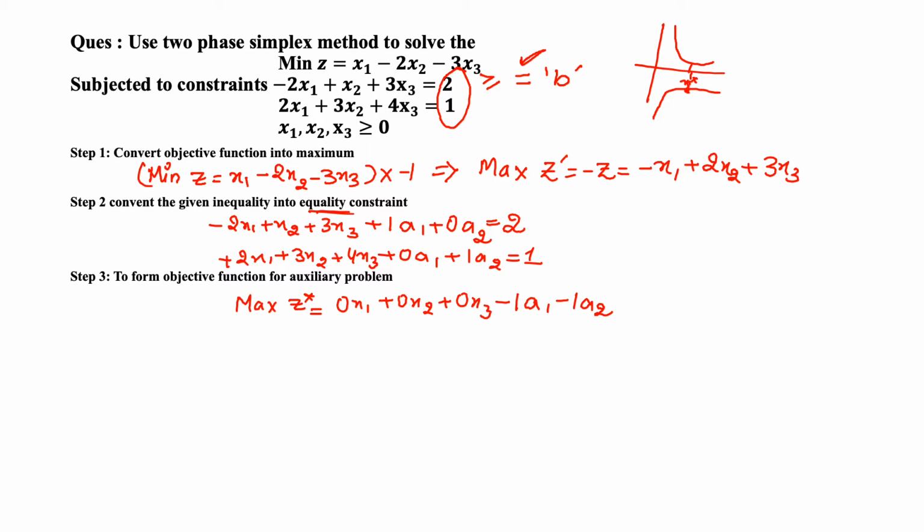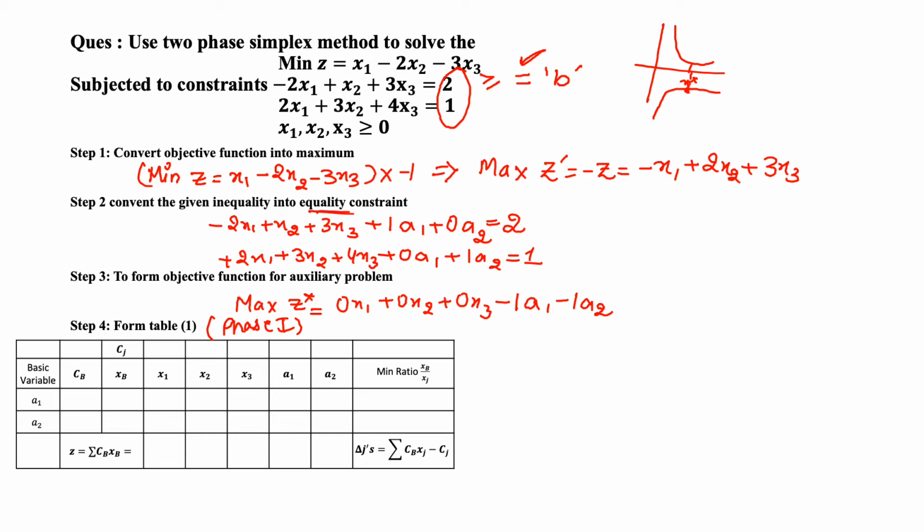Now next is to do phase 1, forming a table in phase 1 of the two-phase method. In the first table, the artificial variables a1 and a2 are my basic variables, and that basic matrix is in identity matrix form. The coefficients of these variables in my auxiliary problem are 0, 0, 0, -1, -1.